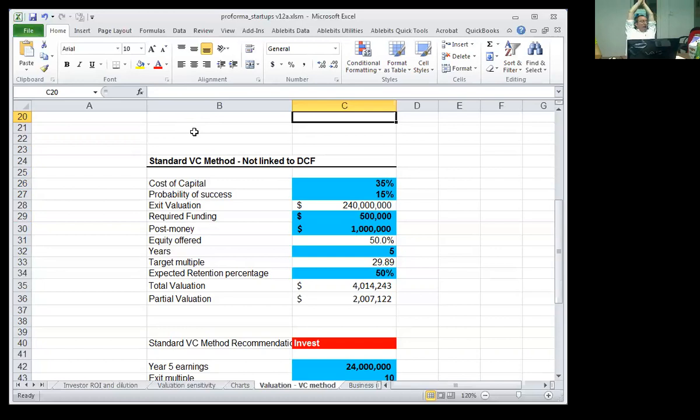So we have three ways to value the company, and all three can be used in the model. One is used by implication, the comparables method, but the other two, discounted cash flow and VC method, you can calculate using the model, just as what you just did.